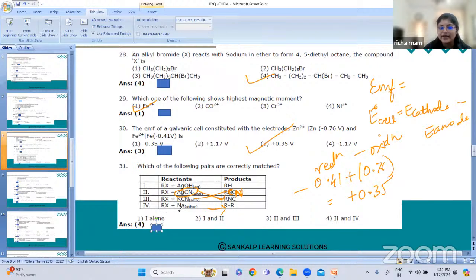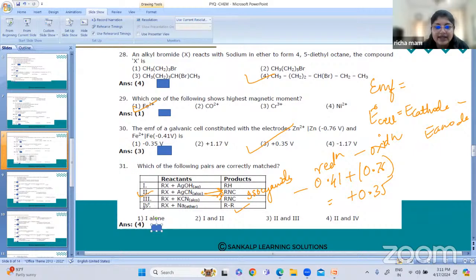When RX plus Na reacts, that is alkyl halide plus sodium, it gives you alkane. So this is correct. Then when RX, the alkyl halide, reacts with silver cyanide, you will get isocyanides. We do not have to match the following, we just have to see which is the correct pair.